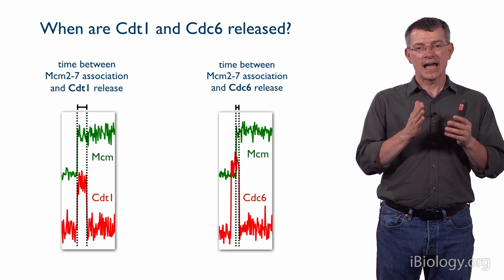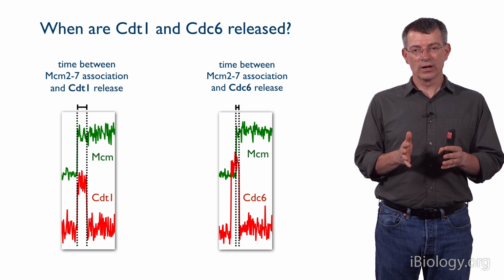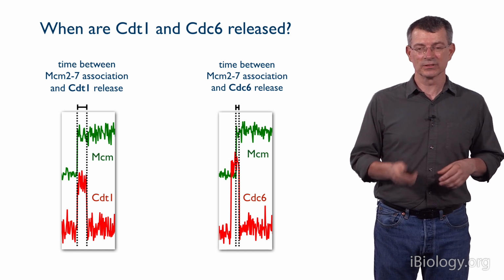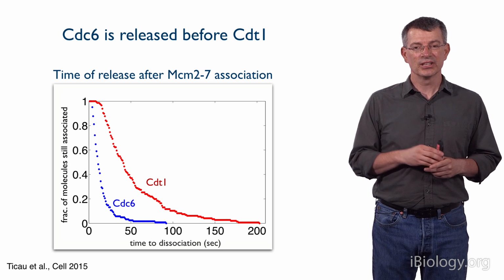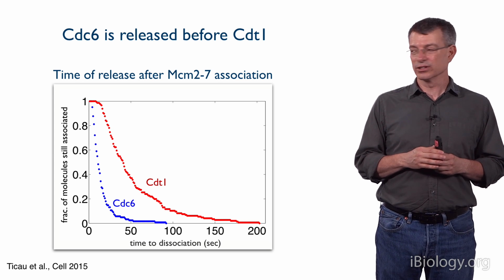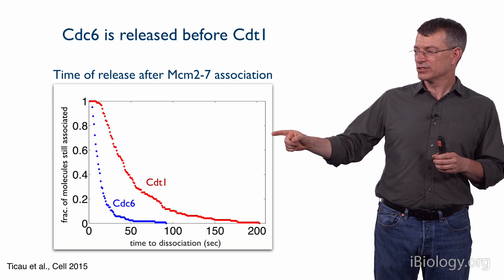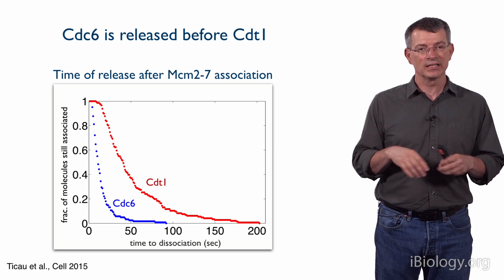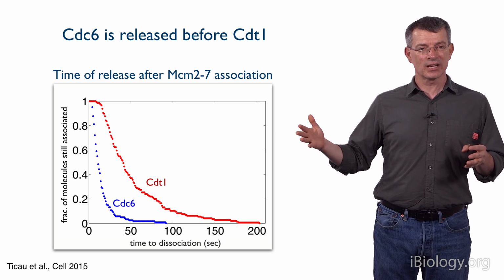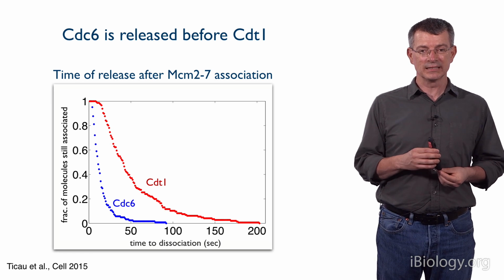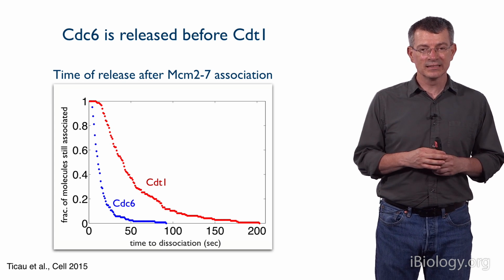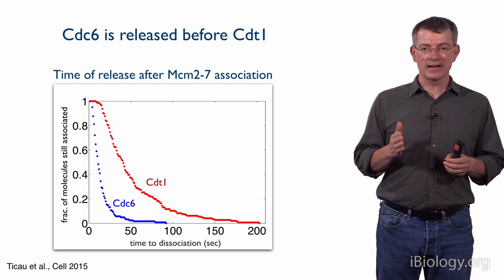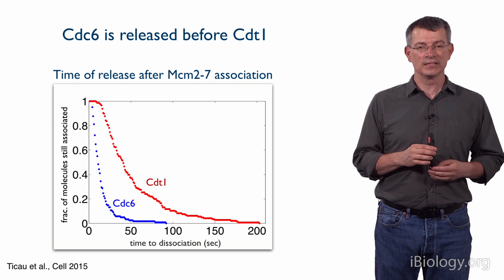And then we asked how long until the CDT1 releases versus the CDC6 releases. And we plotted this in the form of a so-called survival curve. And this just shows what percentage of molecules are still associated with the DNA at various time points after MCM binding. And I think you can clearly see that CDC6 on average releases well before CDT1.